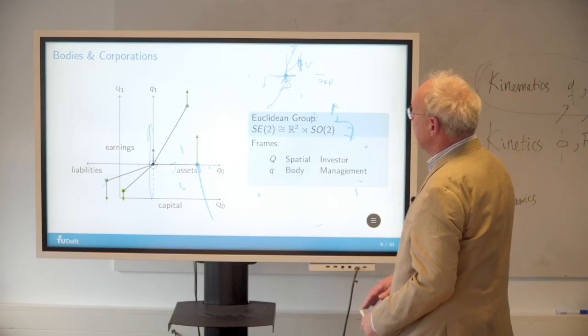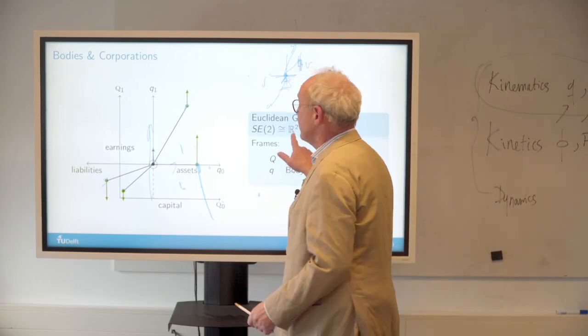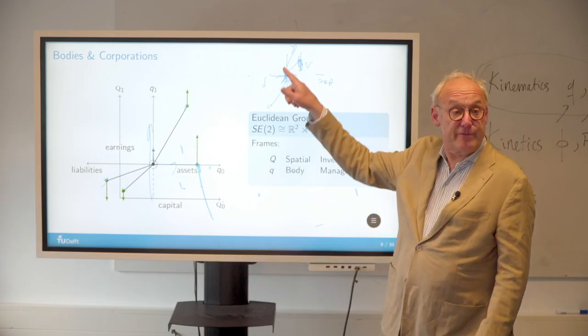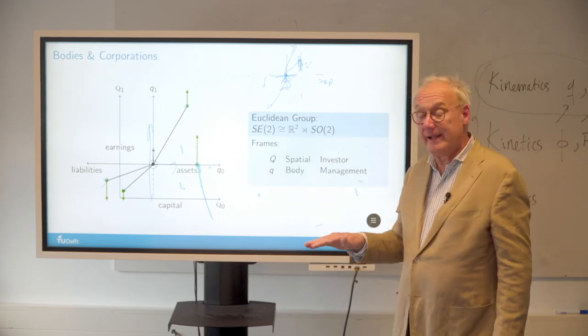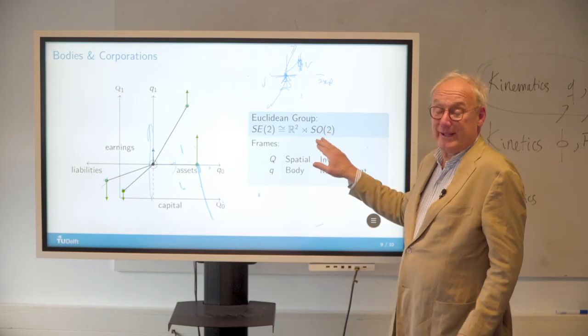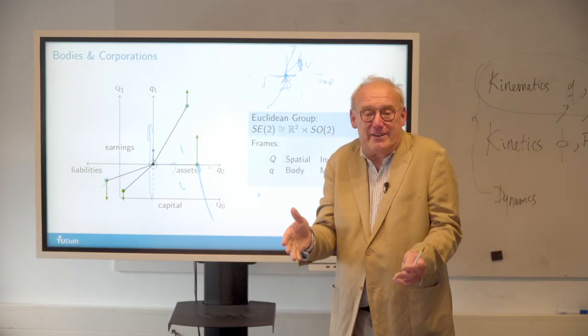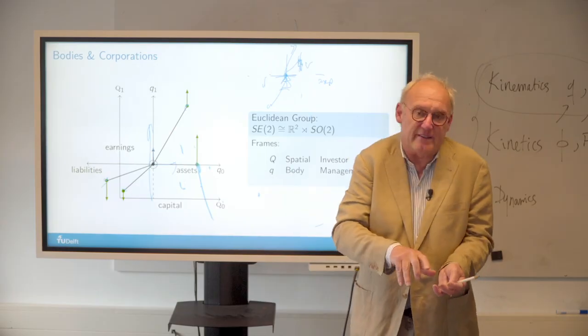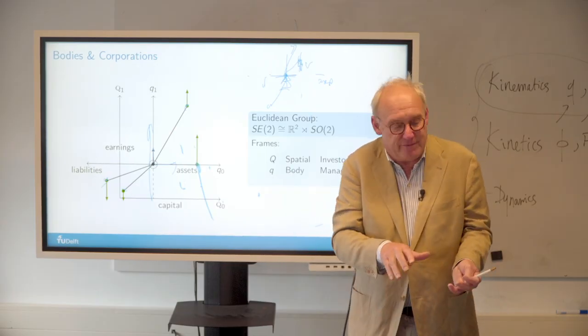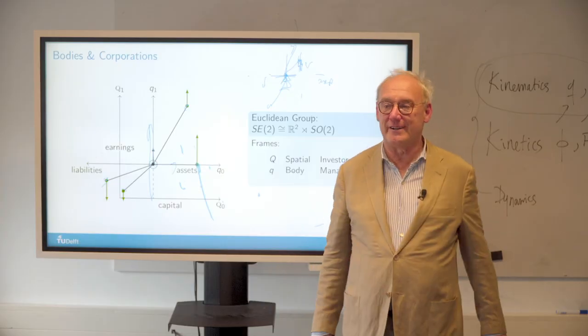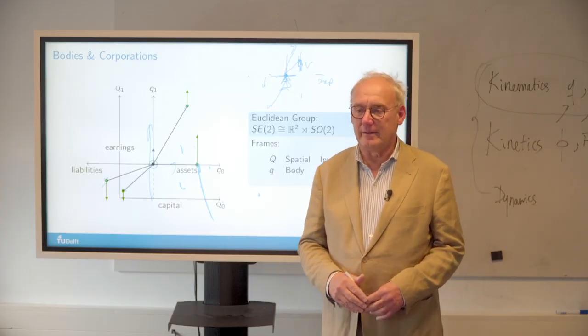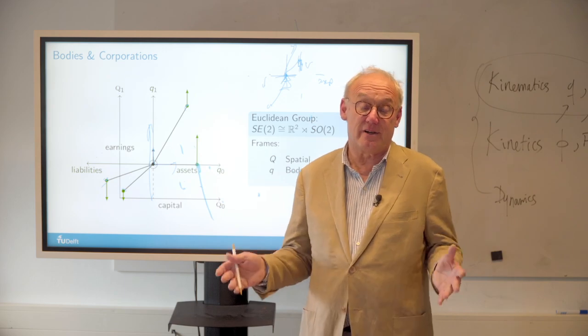Now this is a complicated group because it consists of R2, which is the translation group that we had before, but then in 2 space, and this circle group, but they are not independent of each other. You know that if you do a rotation and then a translation, it's different than first a translation and then a rotation. That's the car example.